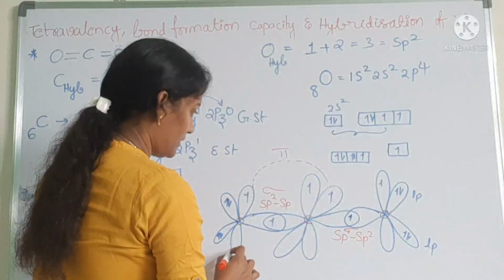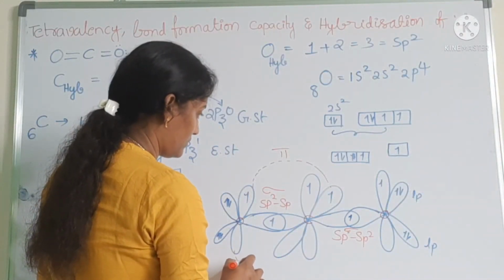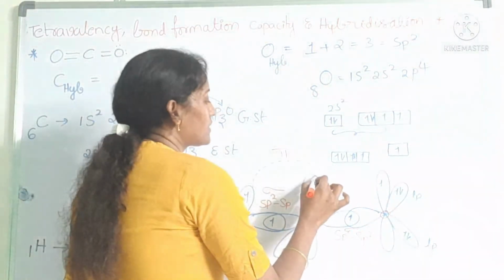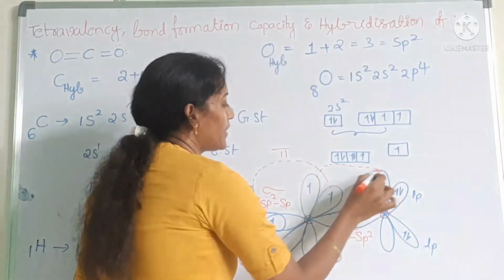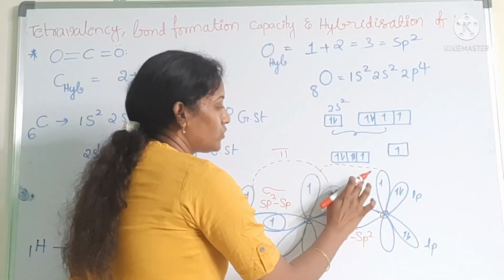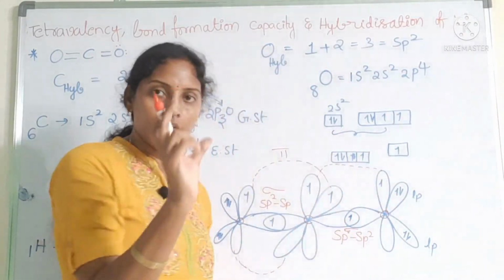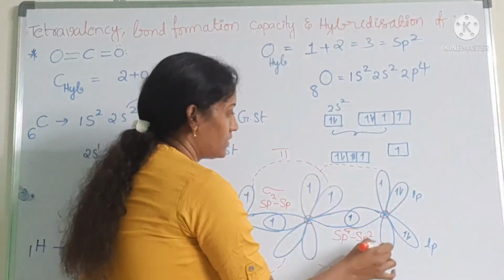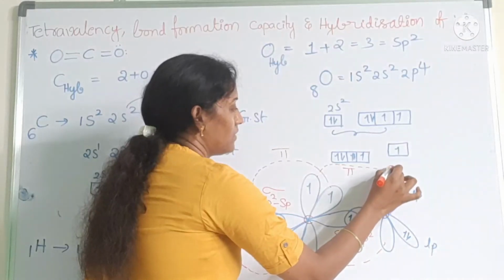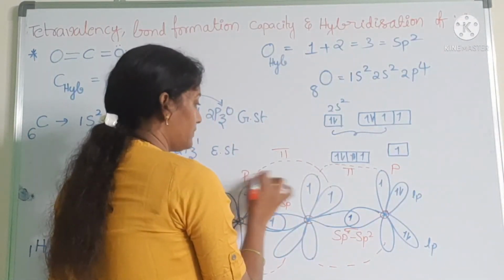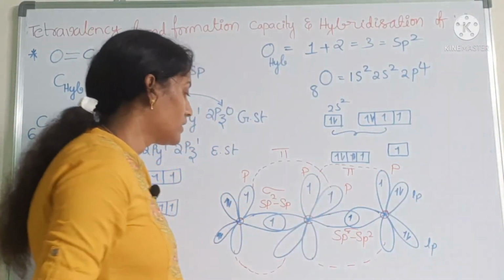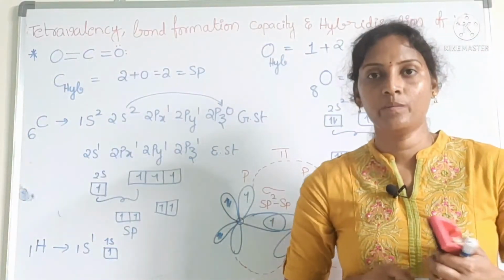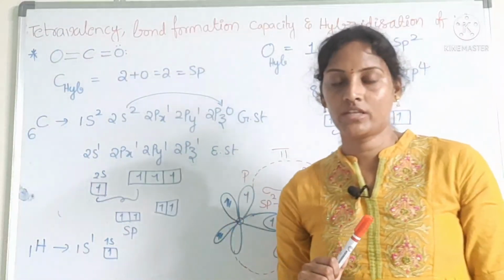Okay, see, this is the one pi bond formation. Next, one unhybridized p from carbon overlaps with the unhybridized p in this other oxygen. This is another pi bond. These are the two double bonds formed by the carbon atom with other atoms.